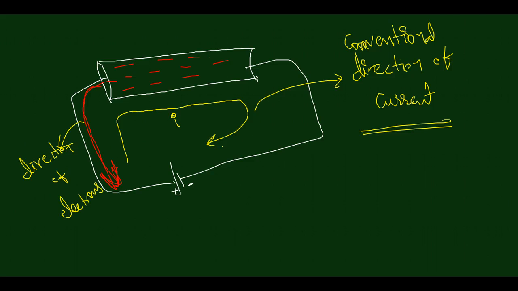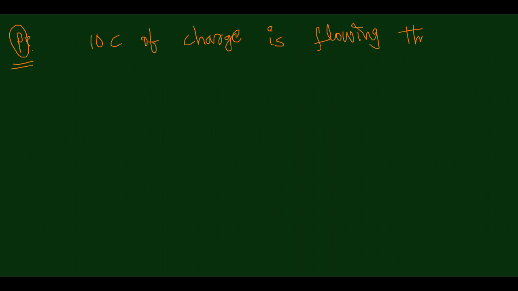Shall we do one problem based on this? The problem is: ten coulombs of charge is flowing through a conductor for 2 minutes.